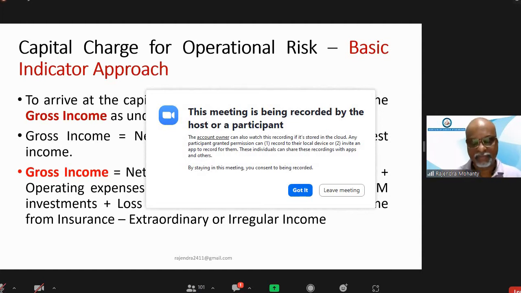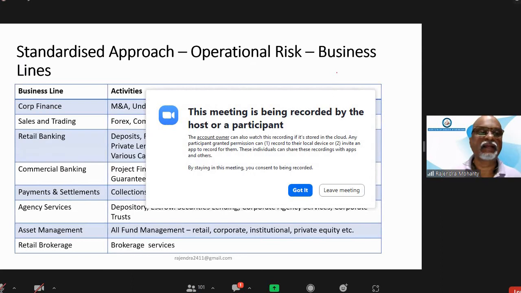But in the standardized method, it is 12, 15, and 18. If you average it again, it comes to 15 only. But due to some relaxation and other things, 12%, 15%, and 18% have been divided by differentiating the incomes. I'll tell you in the next slide.